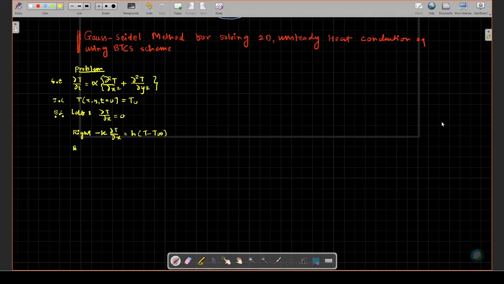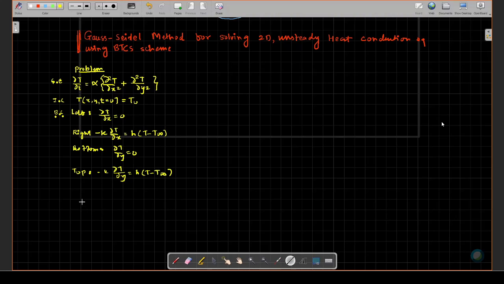The bottom boundary condition was del T del y equals 0, and the top boundary condition was negative k dT/dy equals h times (T minus T infinity). So this was the problem with these boundary conditions, and we wanted to solve this problem.